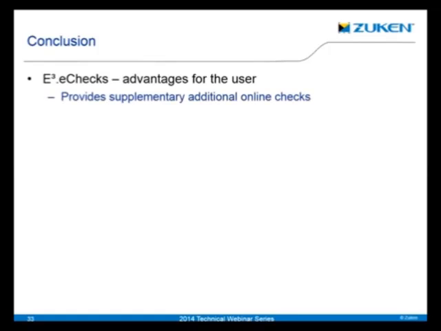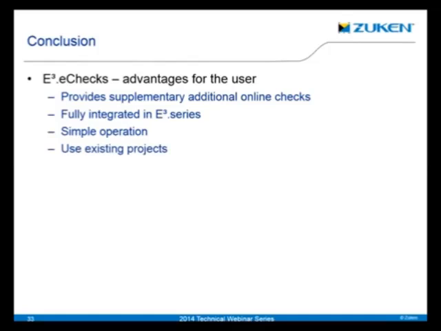What are the advantages for the user? E3.eCheck is an ideal supplement to the already existing online checks of E3.series. E3.eCheck is fully integrated into E3.series. E3.eCheck is very easy to use. E3.eCheck can be used on existing projects.